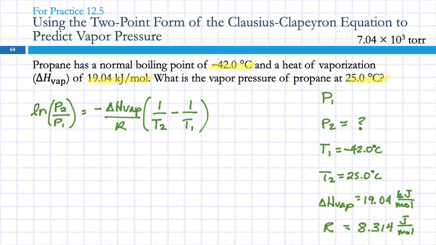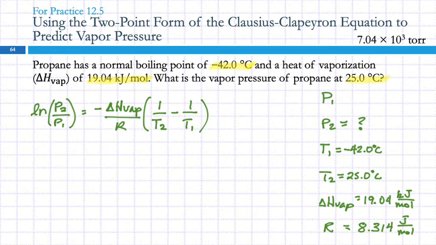And what did they not tell us? They didn't tell us what the pressure was when it boils at minus 42. Not directly. It has a normal boiling point. What does that mean about the pressure? 1 atmosphere. Regular pressure. Normal pressure.